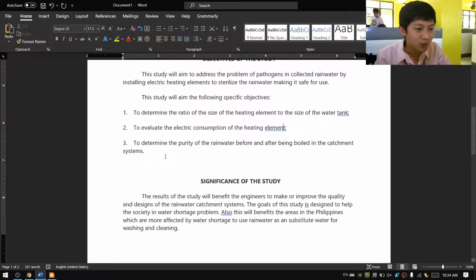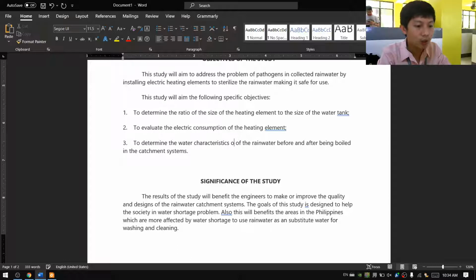To determine the purity of the water. What? Define purity. Okay, you don't say this. You say determine the water characteristics, or to compare.